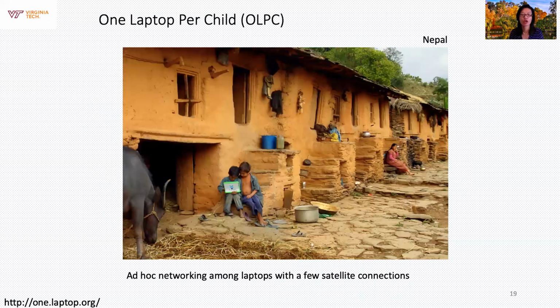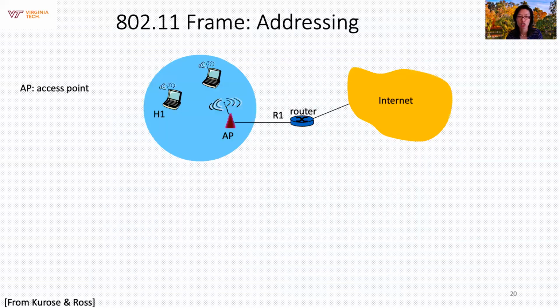One example is One Laptop Per Child, in Nepal. It's an Asian country very close to the Himalaya region, the mountains. This is what people call the $100 laptop, and you can have the entire village share a satellite pole, and everybody forms an ad hoc Wi-Fi network to relay messages.